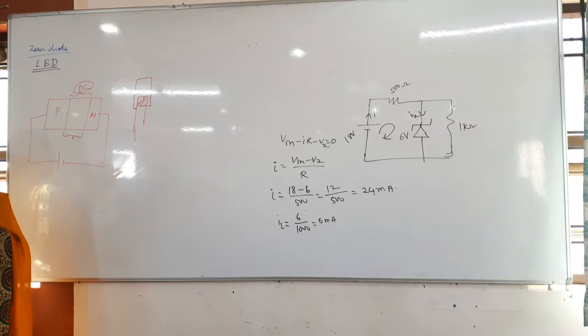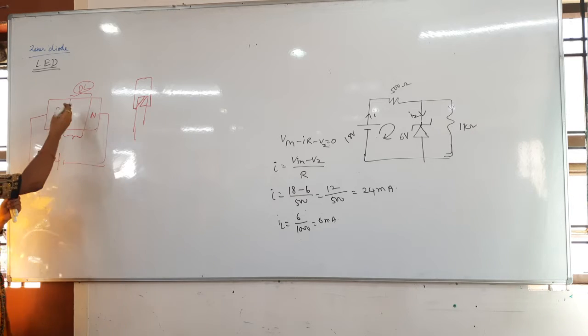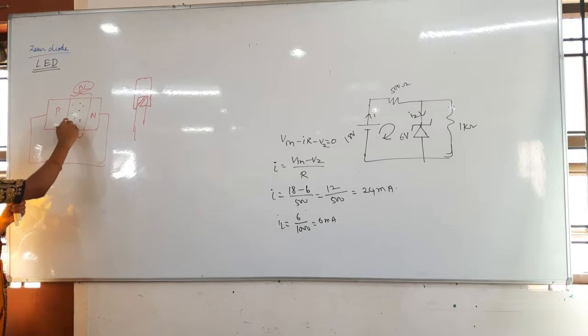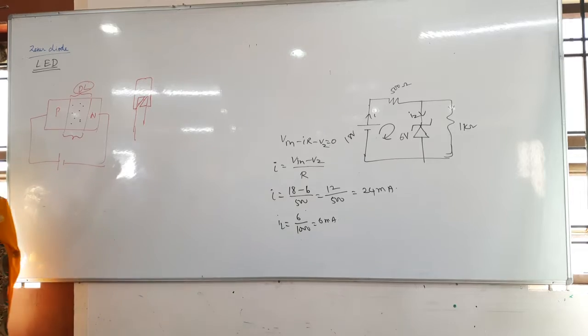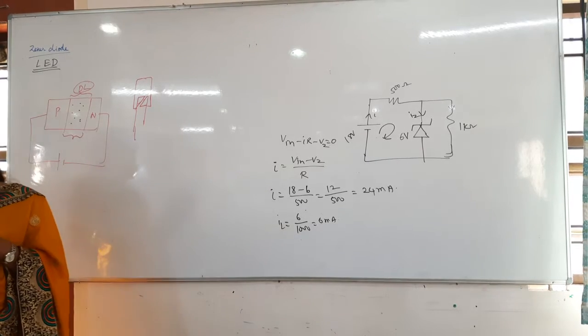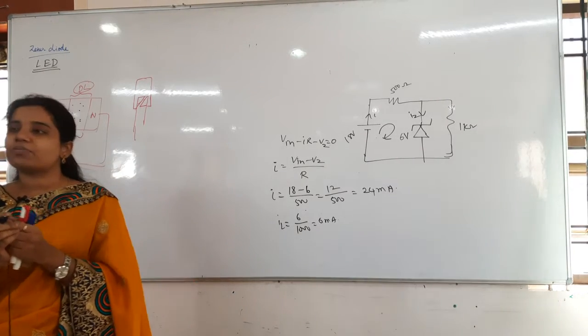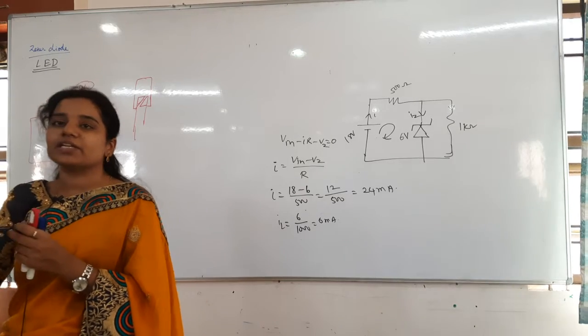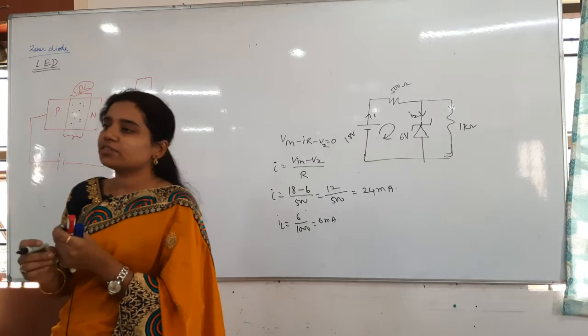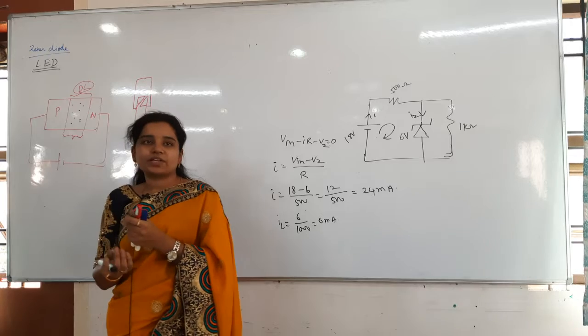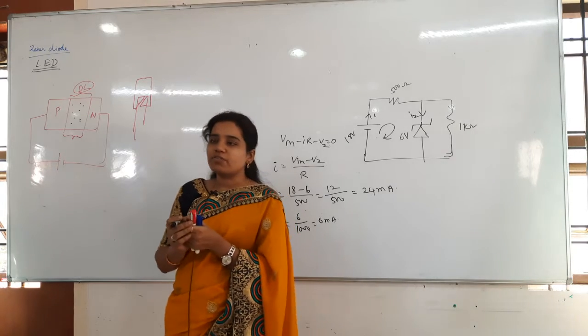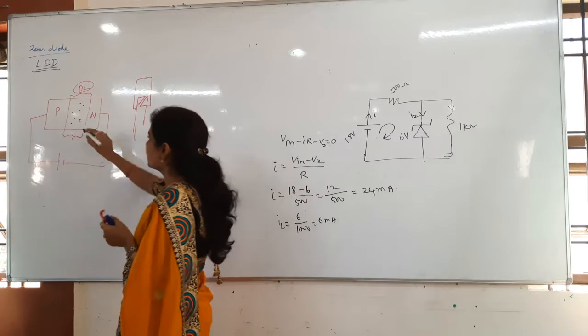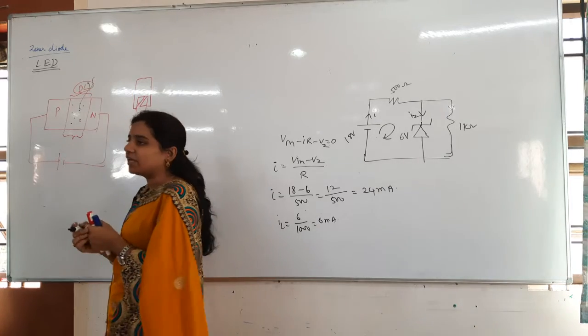They will move zigzag and then they will recombine at the depletion layer we got. Whenever they are recombining here with a higher amount of energy, at that time what happens? They will release a radiation. That radiation will be in different forms for the different semiconductors. For a few types of semiconductors, that radiation will be in the form of light.